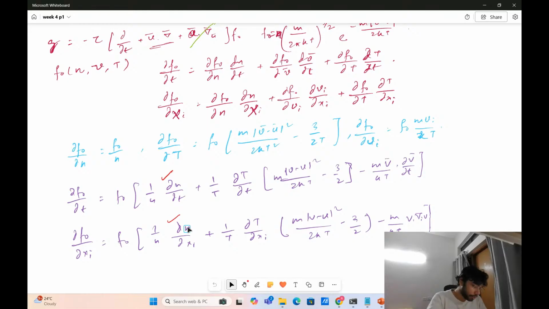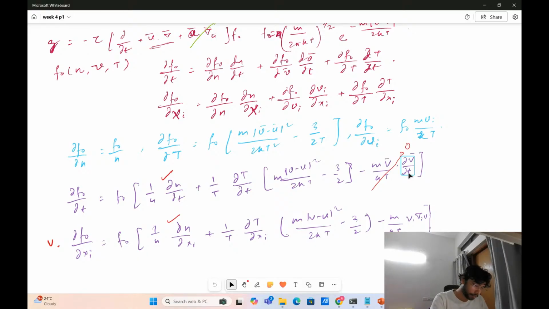There is a v multiplied over here, so this will be v dot del f naught by del xi, which you multiply with v. These two terms will cancel again, by the assumption that the acceleration is 0.